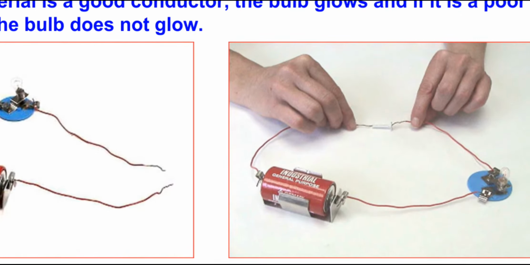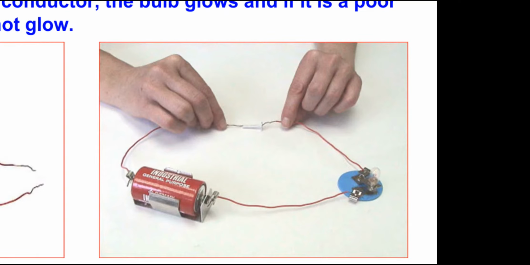Now see here, one terminal of the electric cell is connected to one terminal of the bulb, and the other terminal of the electric cell is connected to the substance, this iron nail, and you can see another terminal of the bulb is also connected to this substance.